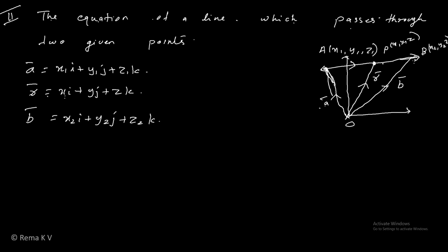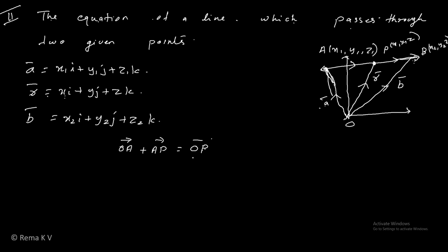Now, when we apply the triangle law of addition here, OA plus AP is equal to OP.